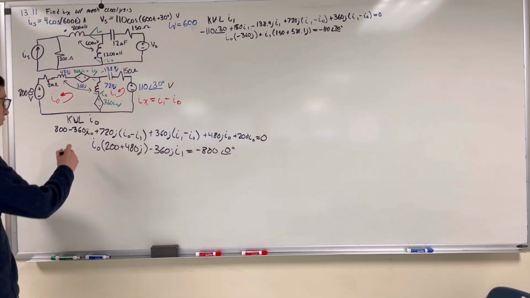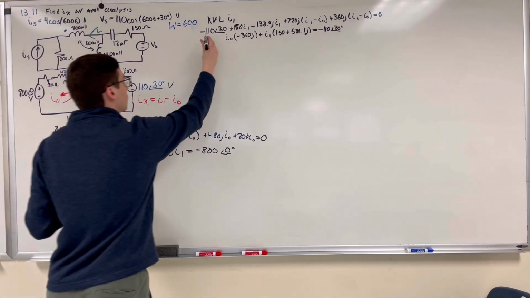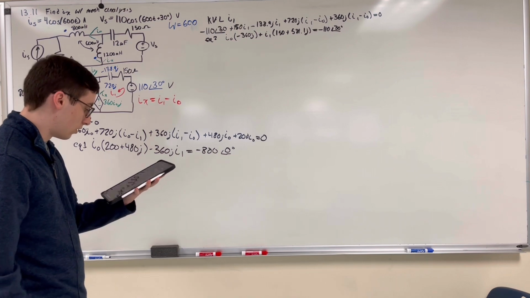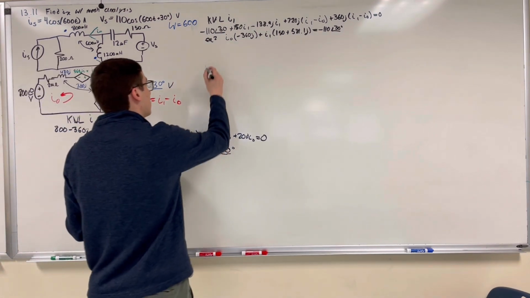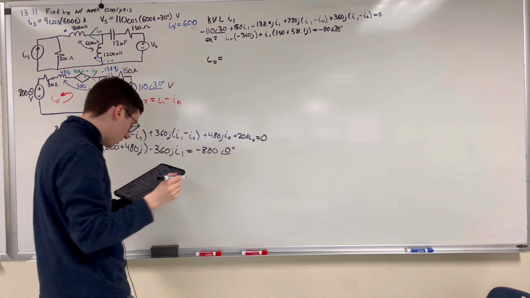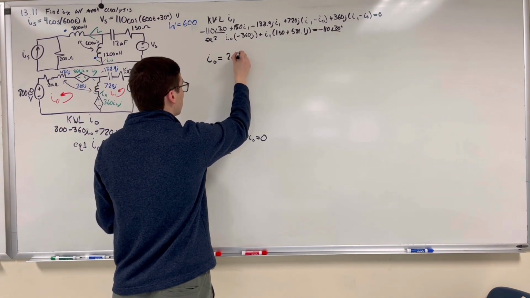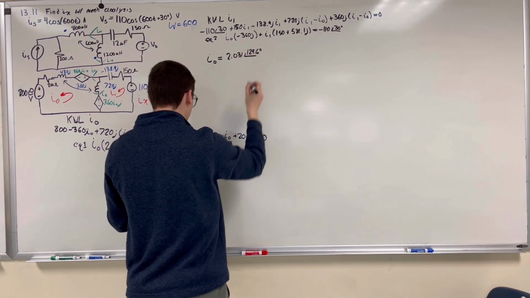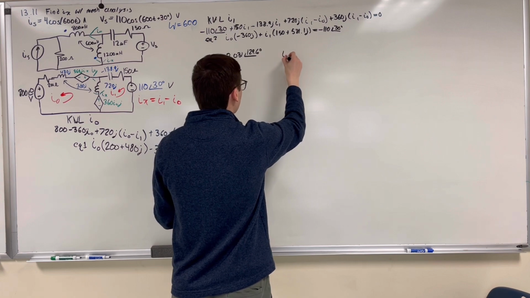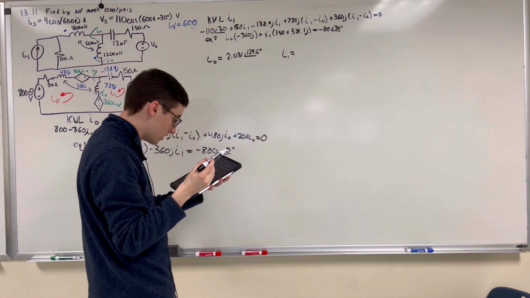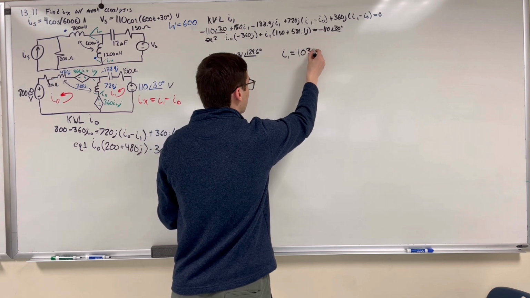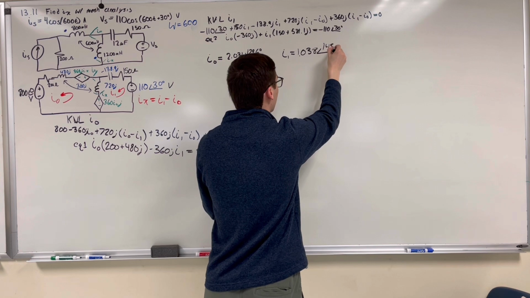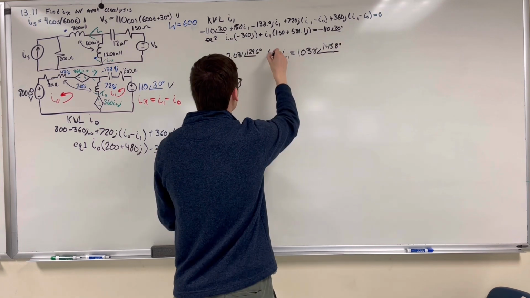And now that you have equation 1 and equation 2, you simply put that in your calculator and solve. So what you get is that IO is equal to 2.031 with phase angle 129.6 degrees, and then I1 is equal to 1.038 with the phase angle of 145.8 degrees. And these are all in amps.